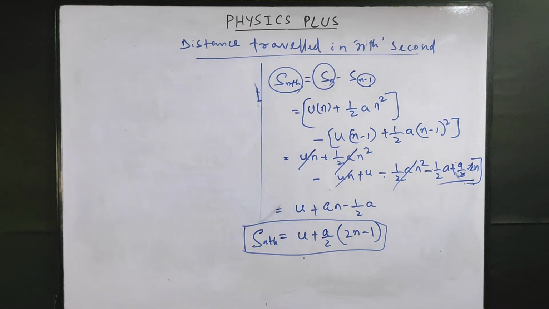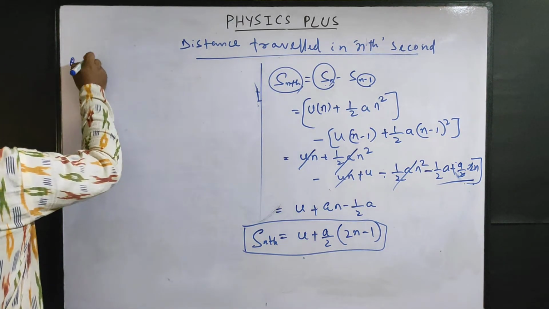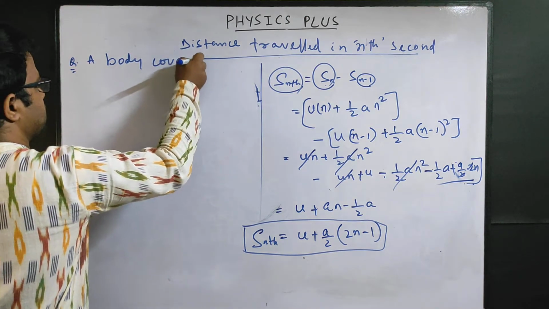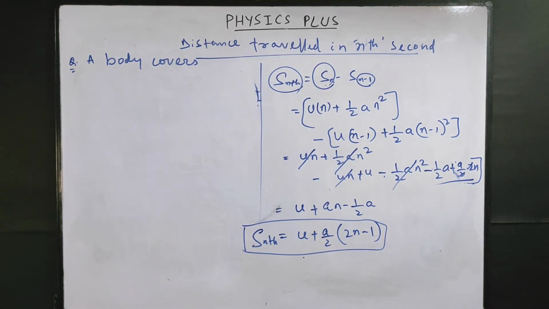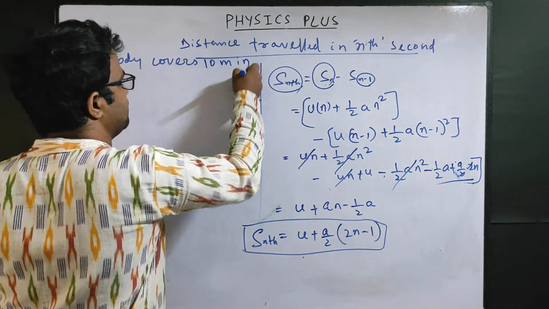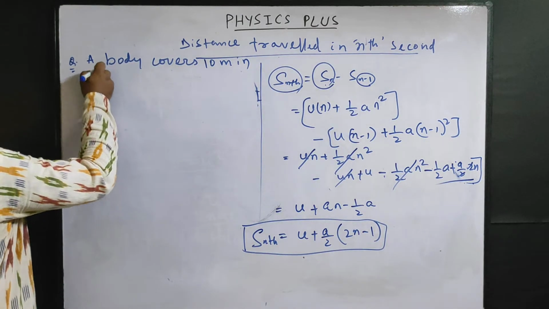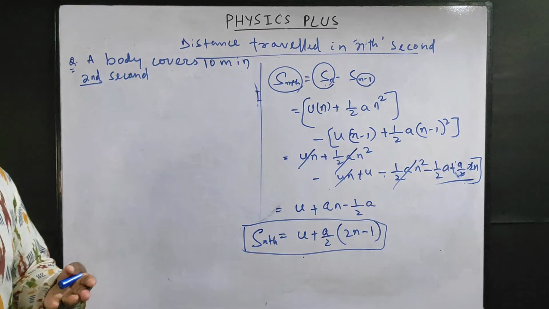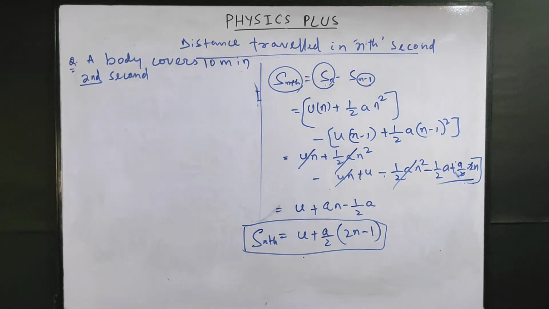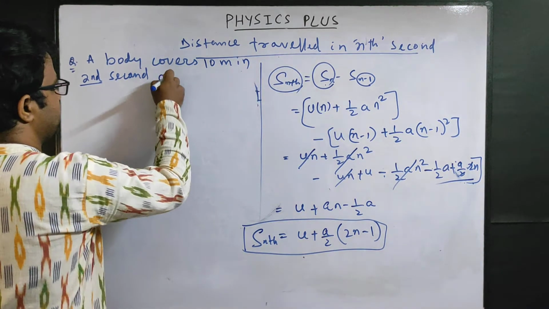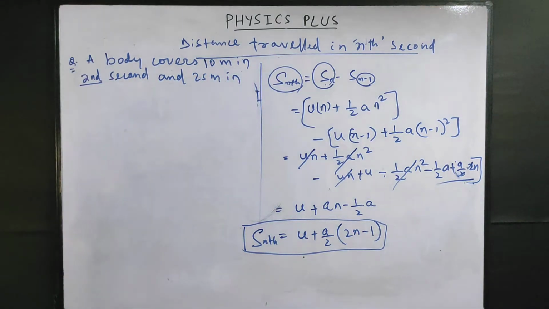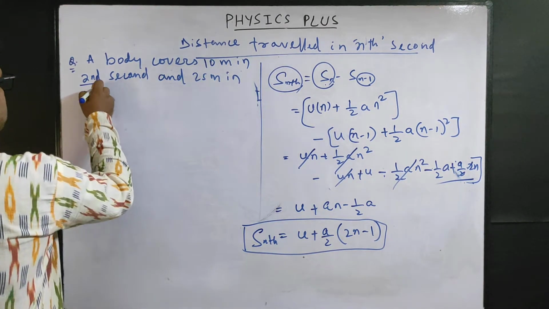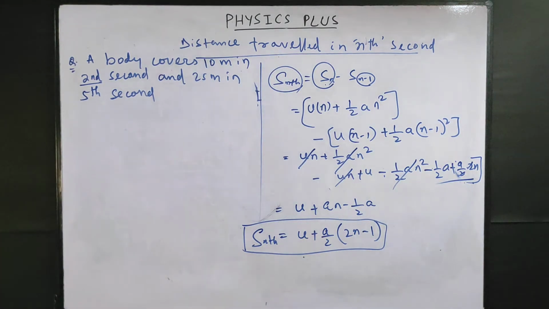So the problem is, a body covers 10 meter in first second, and this second is the unit of time, and 25 meter in fifth second.